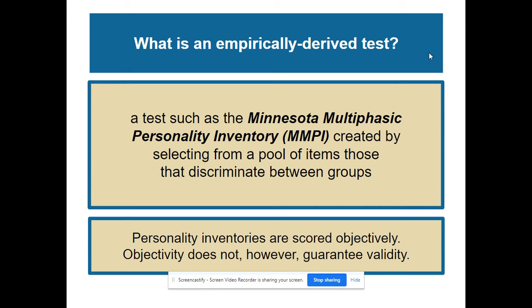Empirically derived tests, like the MMPI, select from a pool of items those that discriminate between groups. Personality inventories are scored objectively, like I said. Even though it's objective, it doesn't mean it is valid. So yes, just like we did the assessment last Wednesday, that may not have been you. So there's a pretty good chance, pretty reliable, but it doesn't make it valid.